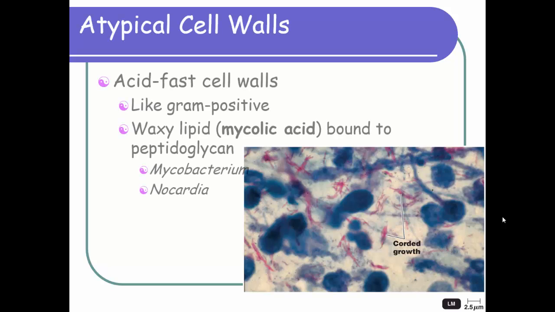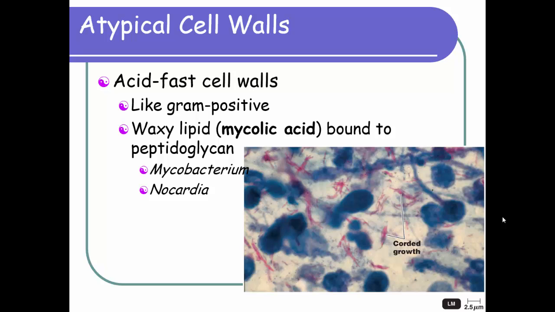Atypical cell walls: we've talked about the acid-fast cell walls that are basically gram-positives, but have the addition of mycolic acid. This mycolic acid is bound to the peptidoglycan layer. There are two major genera of bacteria that are acid-fast that cause disease in humans, the Mycobacterium species and the Nocardia species.